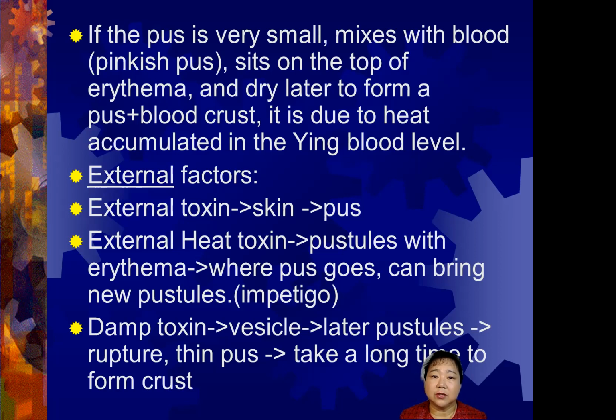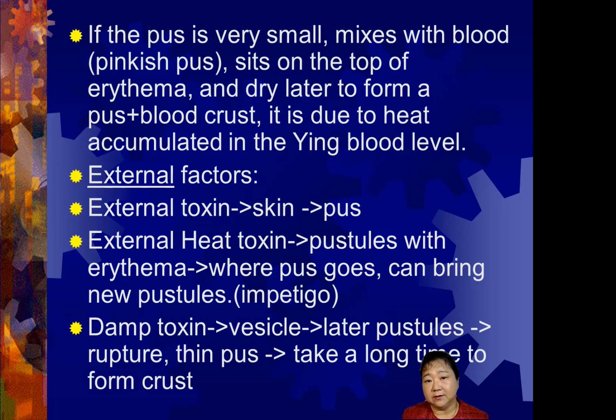It is due to external toxin invading the skin and producing pus. The external heat toxin produces pustules with erythema, where pus goes can bring new pustules, like impetigo.